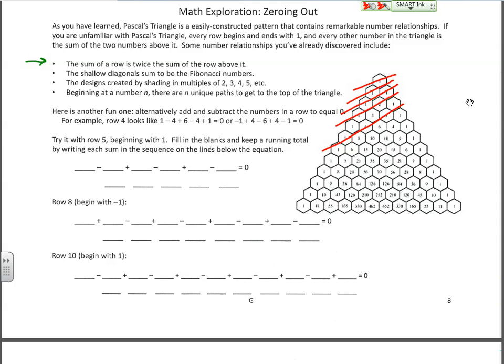3 plus 4 plus, wait, I'm not drawing these shallow diagonals correctly. Hold on. Let me just ponder this here for a second.